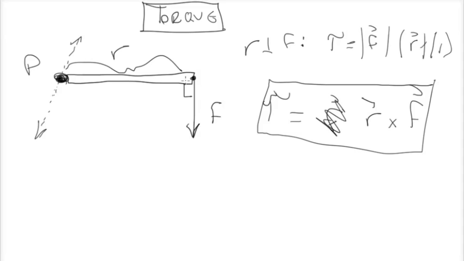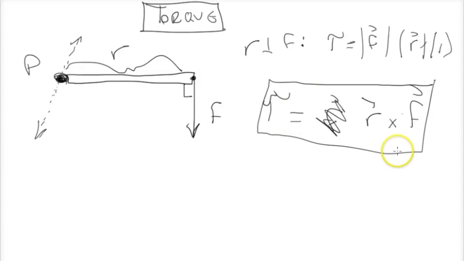Basically, it just tells us when it's positive or negative. If you put your hand at the pivot point and curl with your palm along the radius and curl your fingers down towards the force vector, and if your thumb points up, the torque is positive, and if your thumb points down, the torque is negative, and that's our right-hand rule. And obviously, you have to be using your right hand for that to happen.